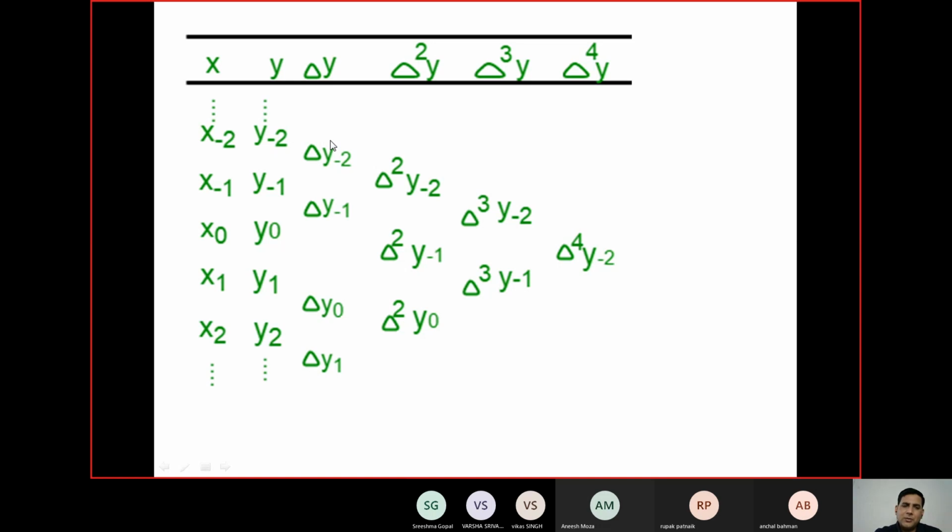This is how you are denoting it, where you will get -1 or -2. Here you have y naught, then -1 y naught, then again the difference, y naught -1 -2, then -1 -2, then -2. That way you are giving the nomenclature to that.